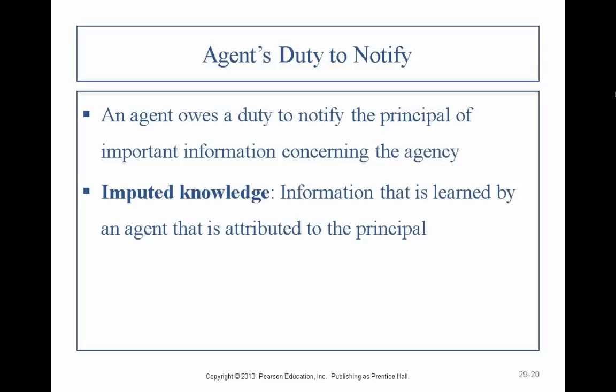So if I'm off somewhere and somebody else is managing my property and state officials come in, find some violation, and ask me to correct it, my agent is acting on my behalf. They take the information. Well, what is their obligation? If I have 60 days to remedy something, it's their responsibility to tell me.